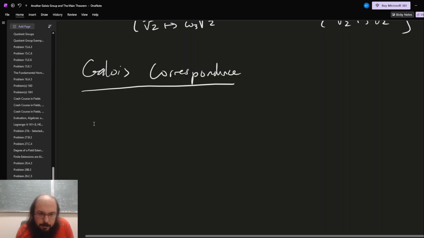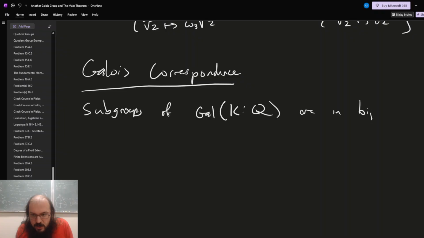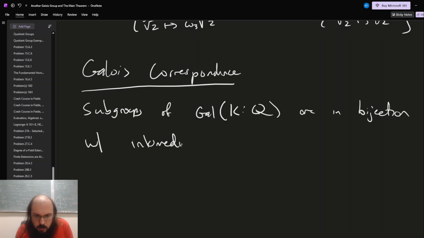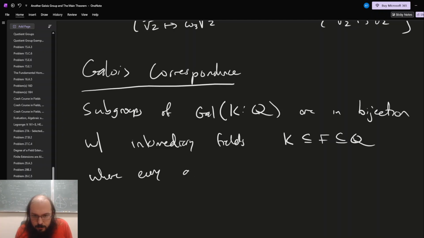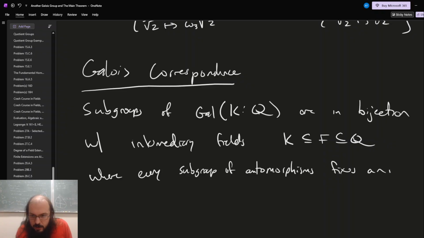And what it says is that subgroups of a Galois group are in bijection with, how do I say this, intermediary fields, we'll call them maybe F, fields that are possibly in between K and Q, where every subgroup of automorphisms fixes an intermediary field.